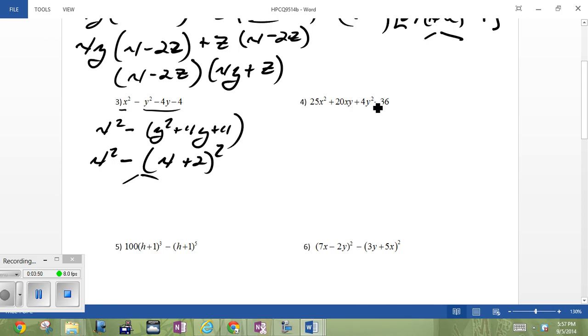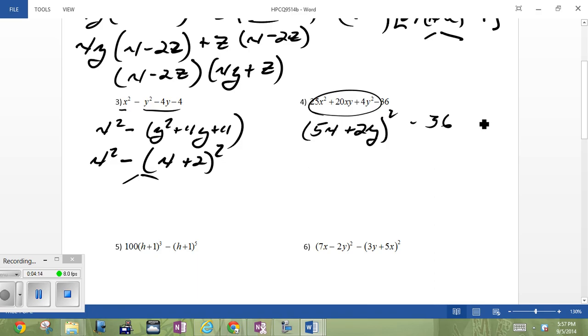Here, we're going to see that we can cluster this first grouping and take minus 36. So that's going to be 5x plus 2y, the quantity squared, minus 36. There you go, a difference of squares again.